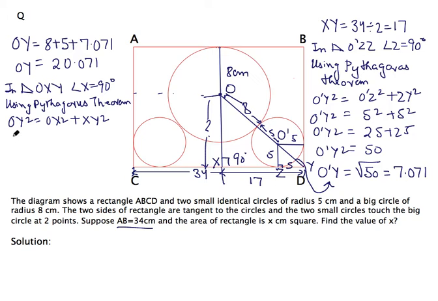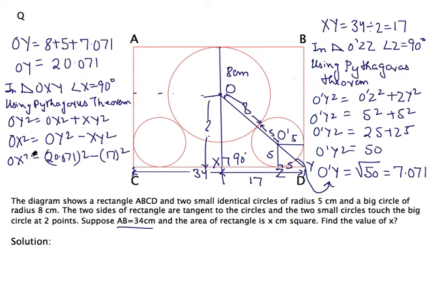So how much is OX square? We can say it's OY square minus XY square. How much is OY? It's 20.071 whole square minus XY, which is 17, you can see here, so 17 whole square.